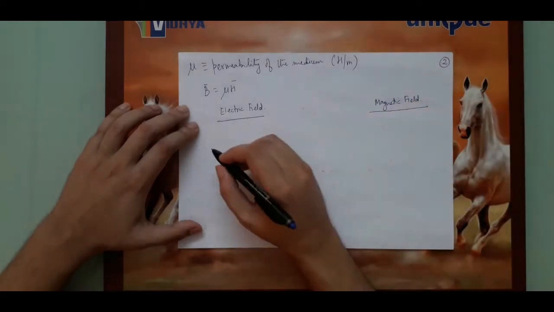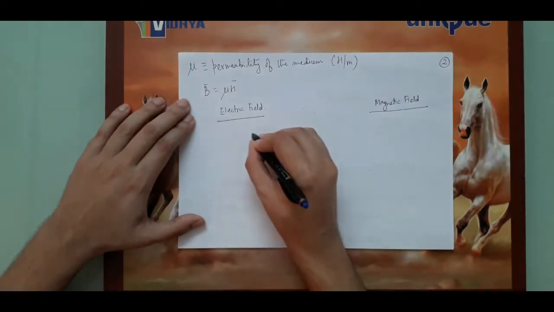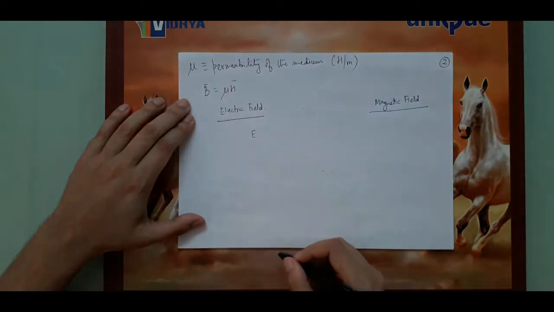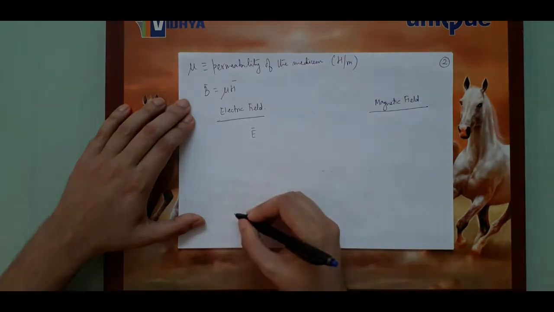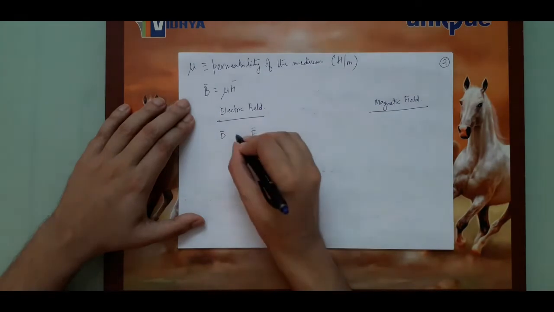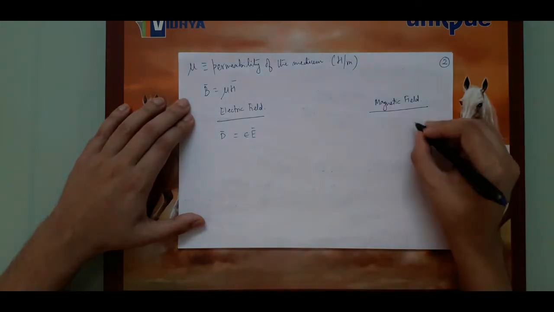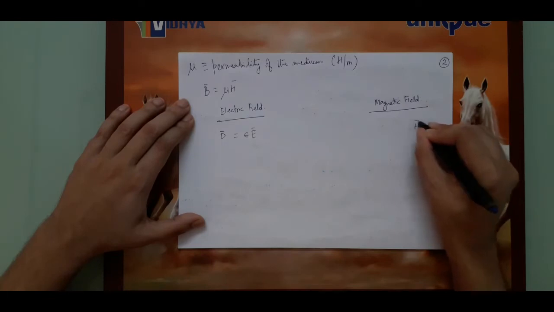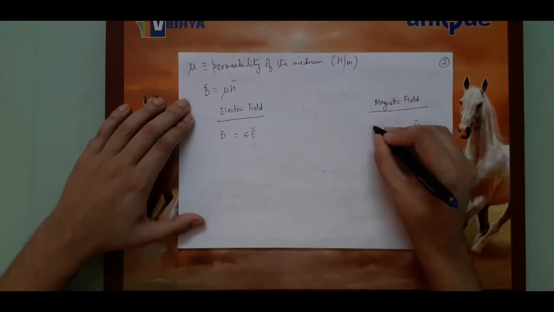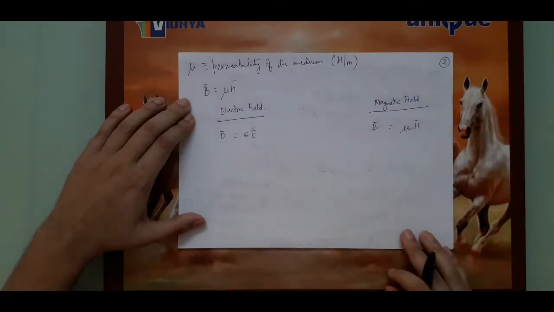We established that if the electric field is vector E, then the electric displacement density D is nothing but epsilon times E. And if the magnetic field is H, then the magnetic flux density B is nothing but mu times H.